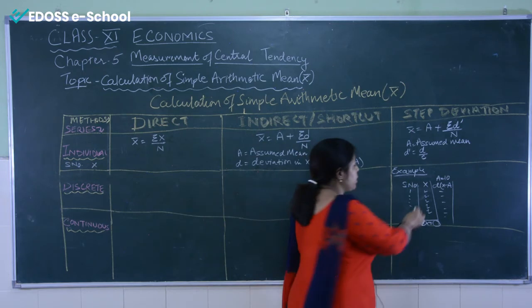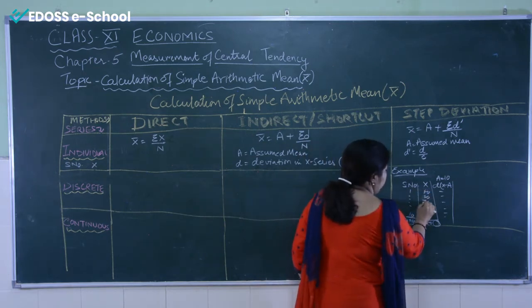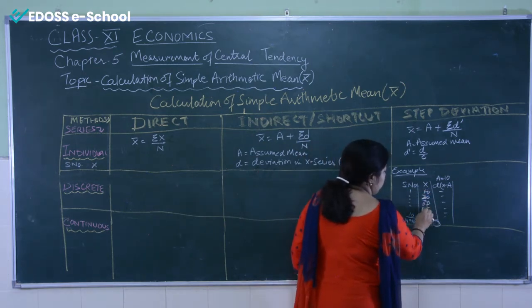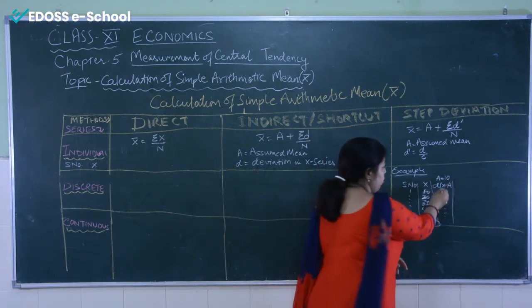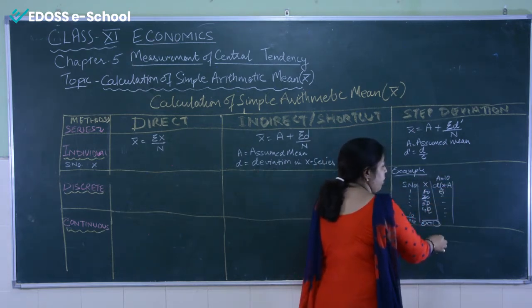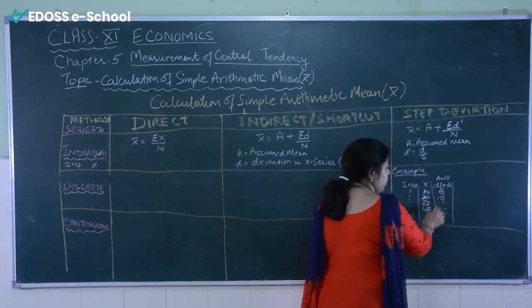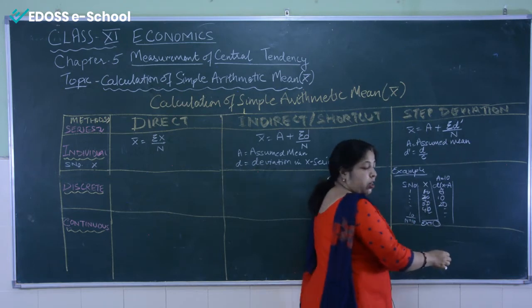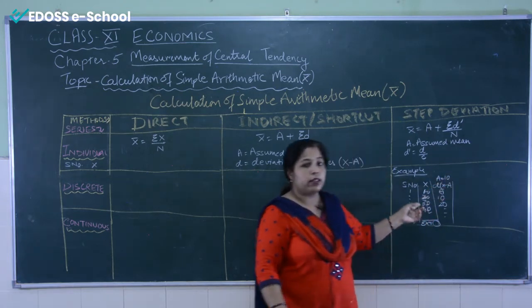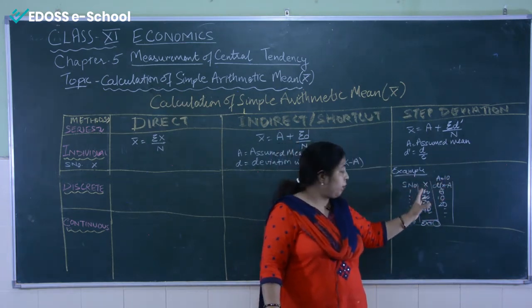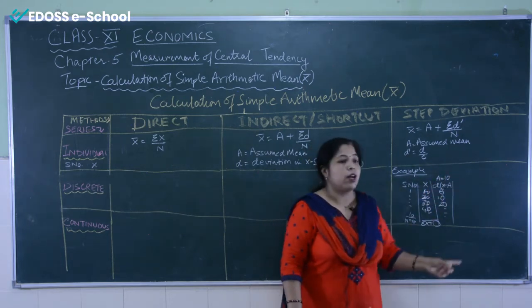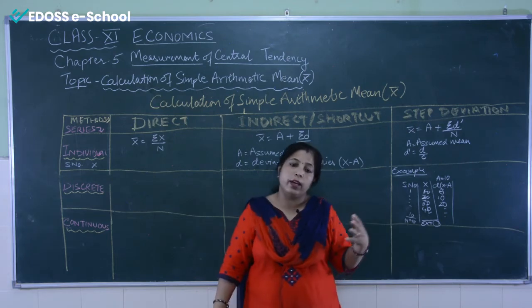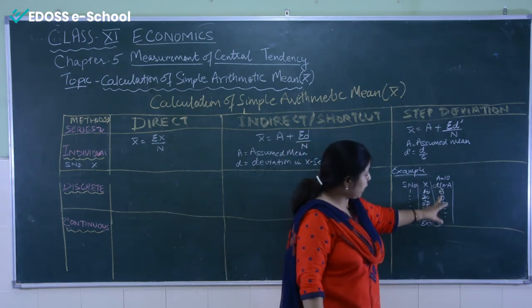Suppose here the numbers are 10, 20, 30, 40 and so on. So 10 minus 10 will be 0. 20 minus 10 will be 10. 30 minus 10 will be 20 and so on. But if it is 5 minus 10, then the answer will be minus 5. So deviation answers can be positive or negative. So we will get D like this.